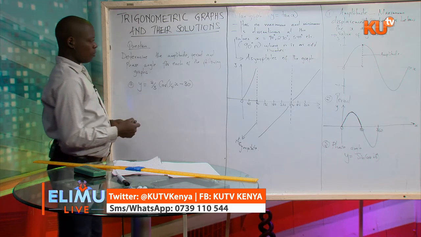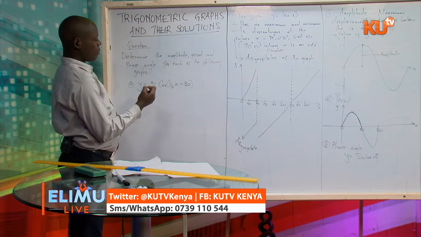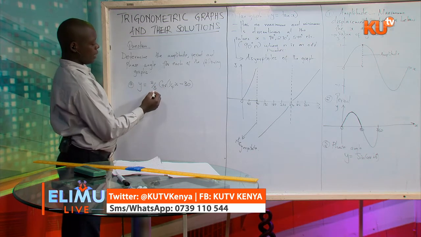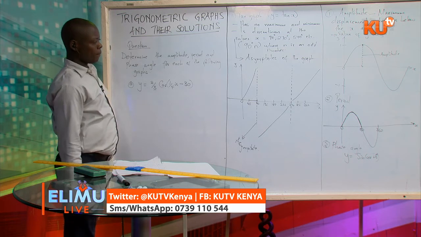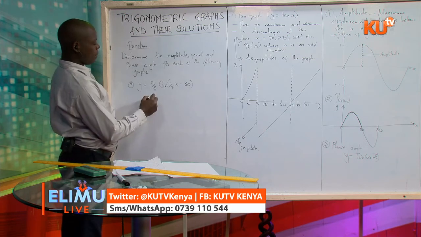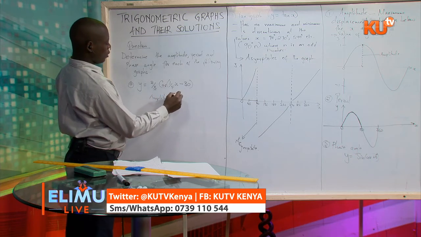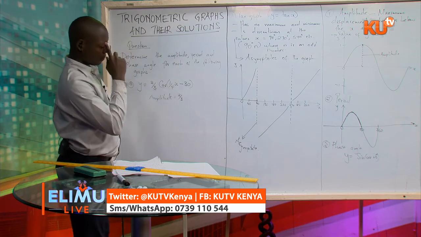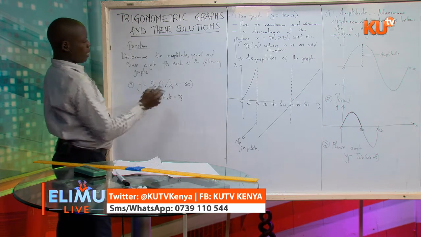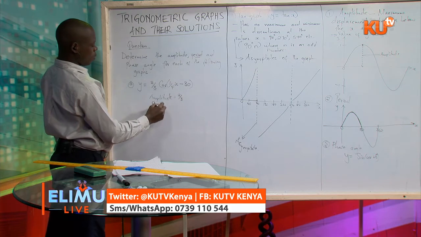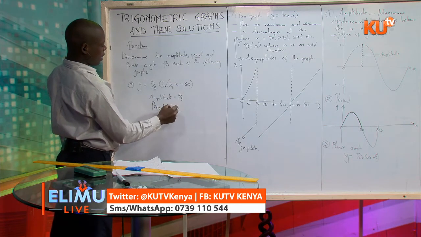So the first thing is to identify the coefficient of the ratio. The ratio here is cos. Its coefficient is 2 over 3. So that is what we call the amplitude. Amplitude in this case is simply 2 over 3. When talking about the period now, the period for this curve will be 360 over n.